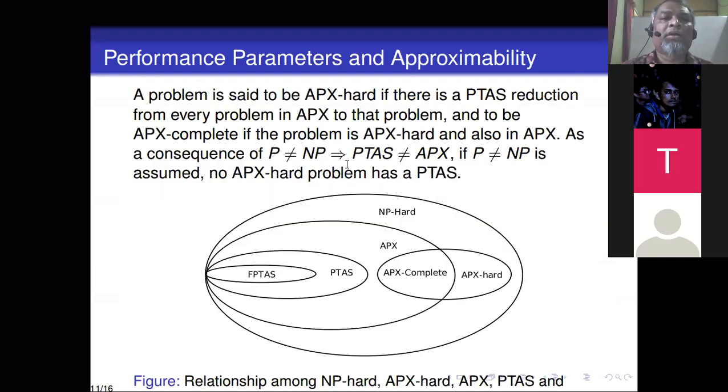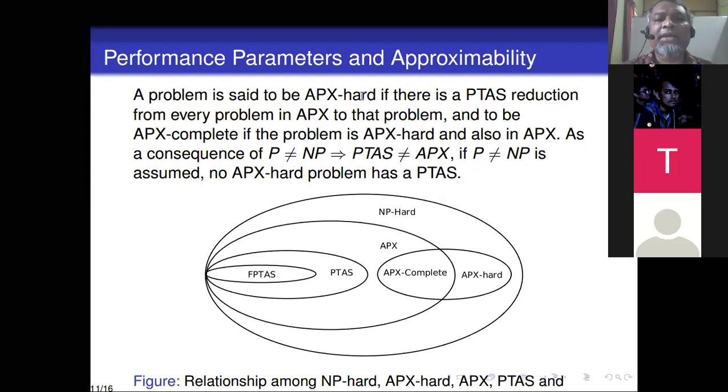So a problem is said to be APX hard if there is a PTAS reduction from every problem in APX to that problem. So we define the class APX hard like NP hard, with a similar definition.